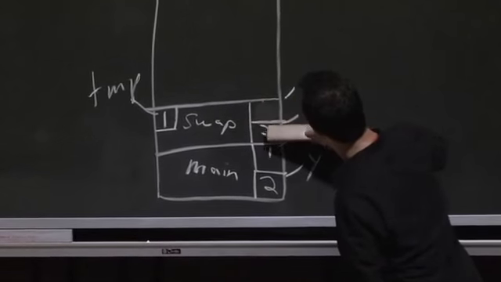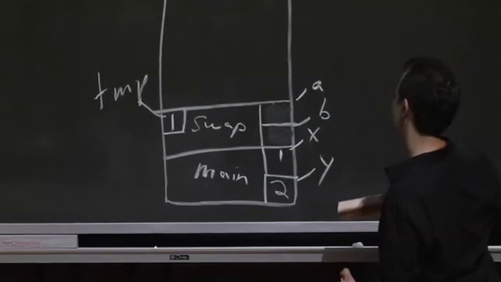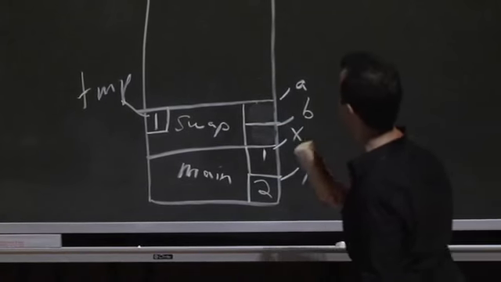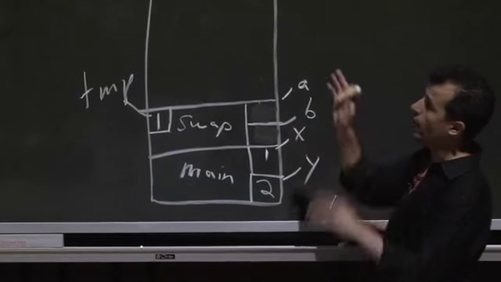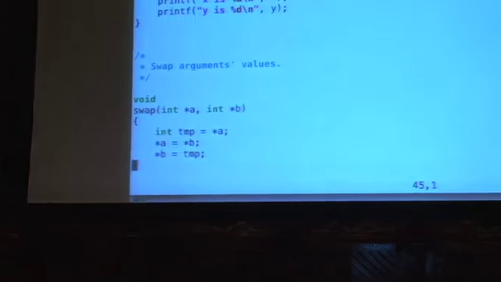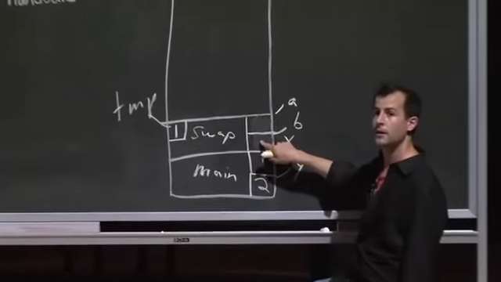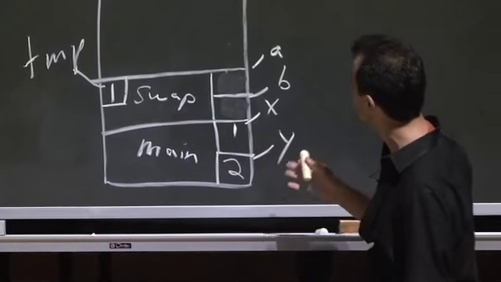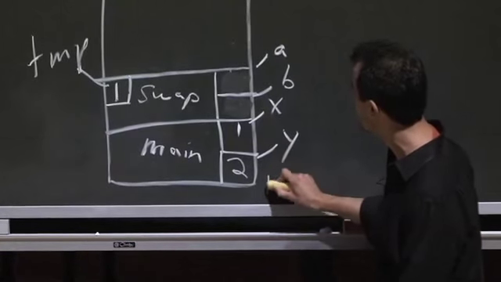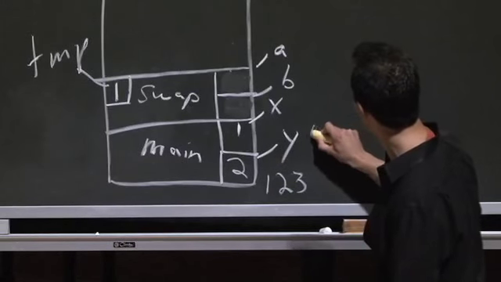Oh, actually, let me take one step back here for a moment. Let me rewind slightly in the story so that I don't actually mislead, because I forgot to update these two cells. So in this program, when we call this version of swap, 1 and 2 do not end up here, right? That's the whole point of this solution. We're not putting 1 and 2 here. What are we really putting in these boxes? The address, right? So the location. Now, I don't know what the locations are, so let's just arbitrarily come up with some memory addresses. I'm going to call this address 123, and I'm going to call this one 456.